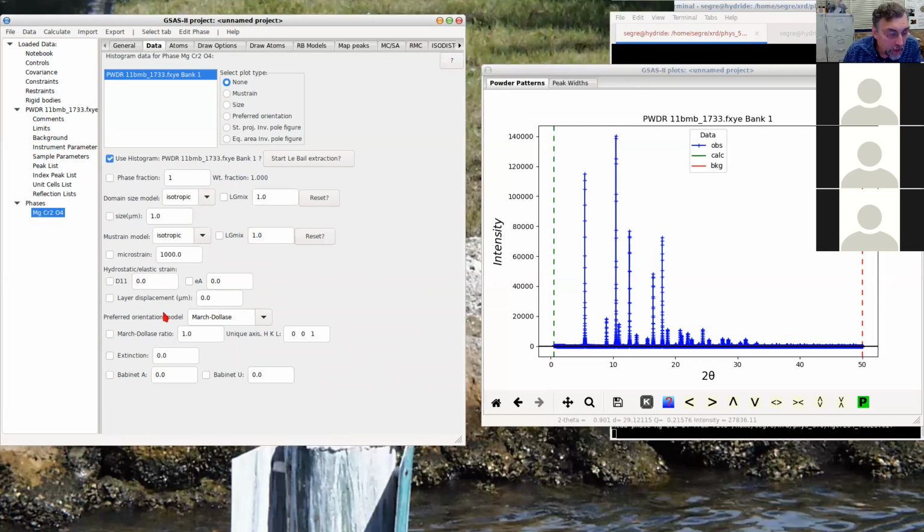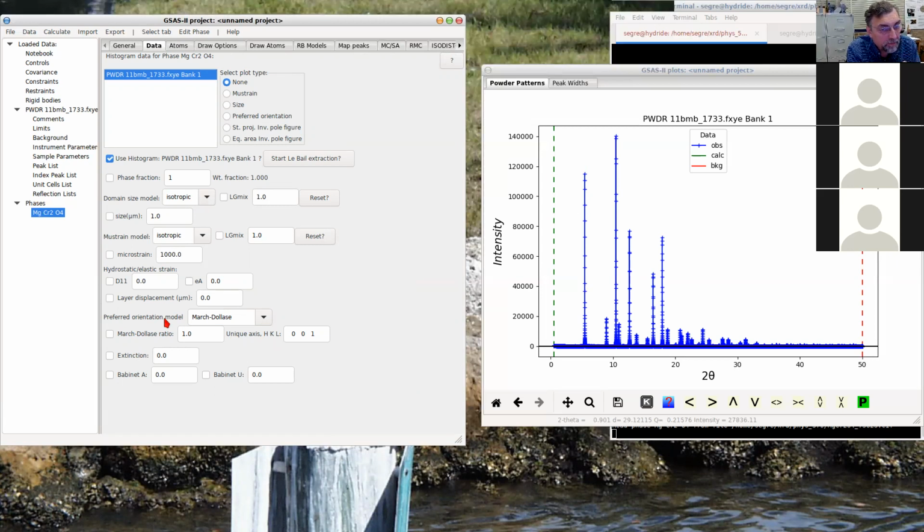However, preferred orientation is possible, especially if you have samples that have platelet orientation or platelet dimensions. They might be lying down as you prepare your sample, you flatten it out, you might have preferred orientation. That is not generally the case with the 11BM data, because as I mentioned before, you have a small capillary, so you're not going to really pack it and tamp it down to orient, but then that is rotated.